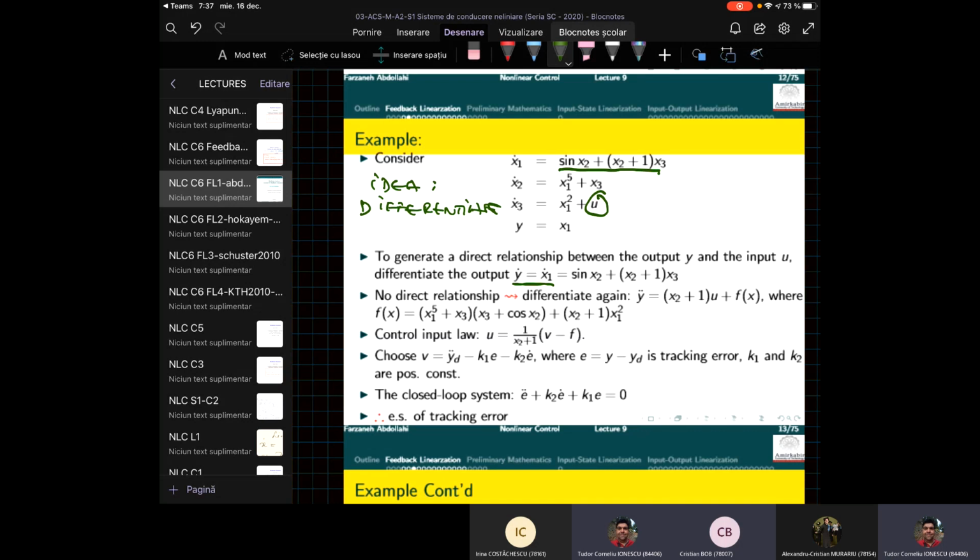The output. Of course, differentiate y with respect to time. Until when? Until what happens?